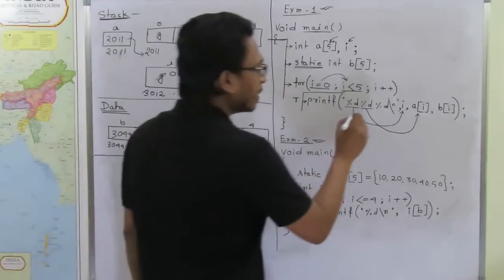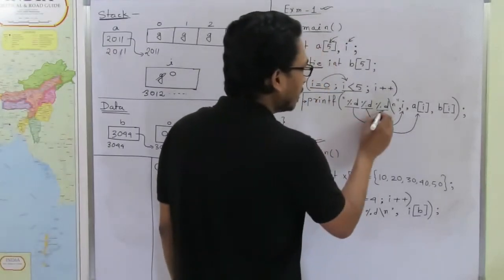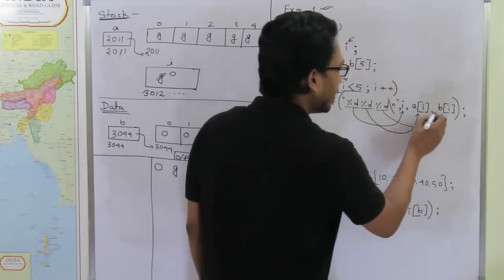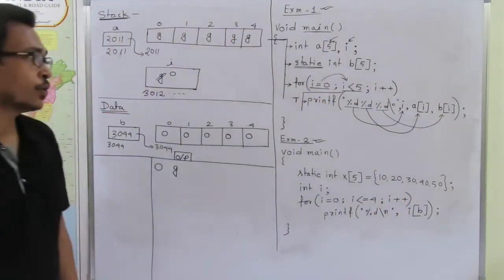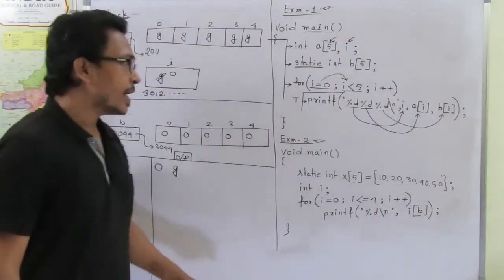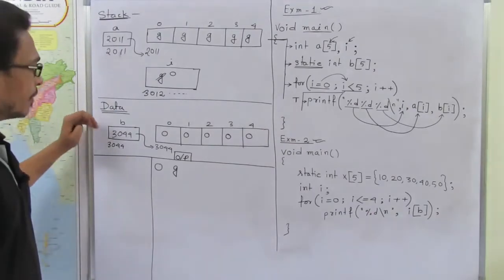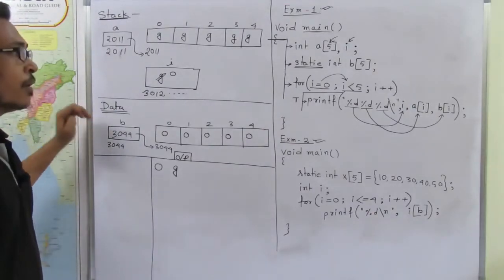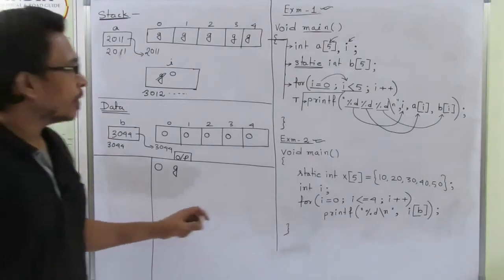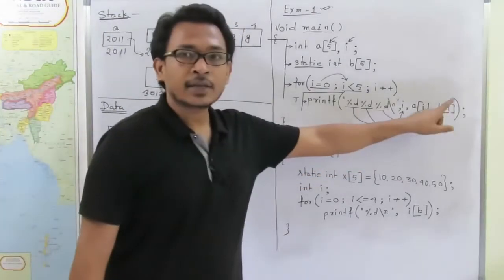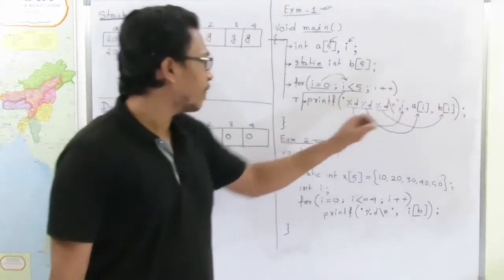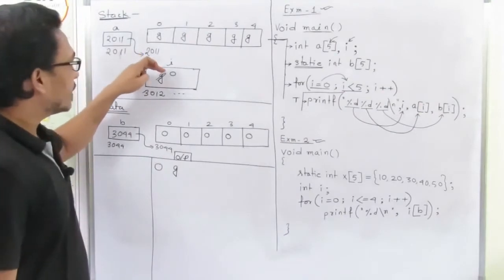Now the next instruction is again %d. For this %d the identifier given is B of I. What is this B? B is again an array, but the memory allocated for B is from the data section. Now the index of B is again I. What is the value of I now? The value of I is 0.